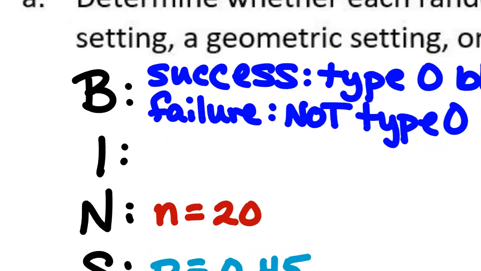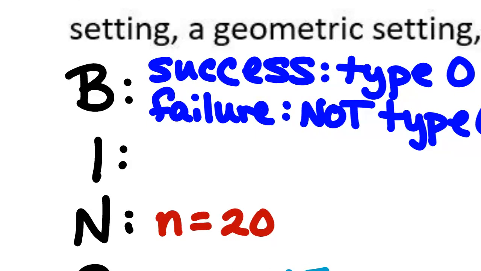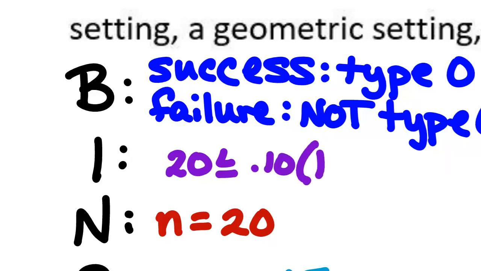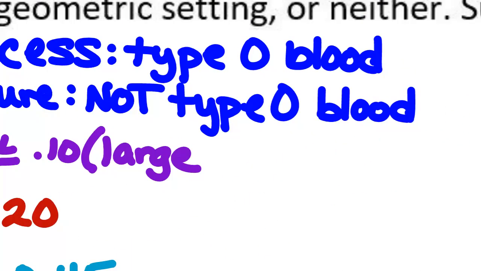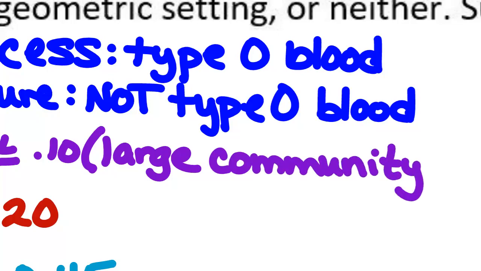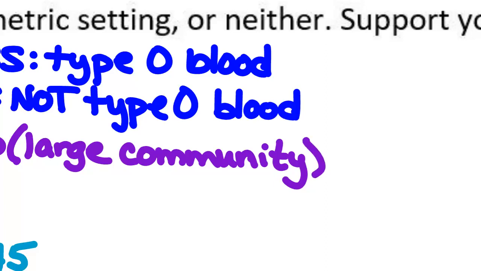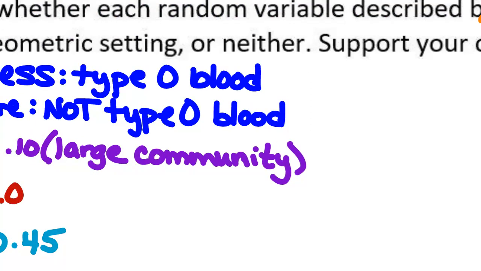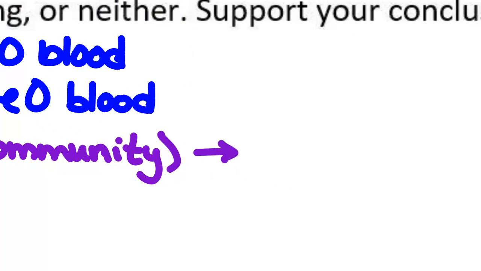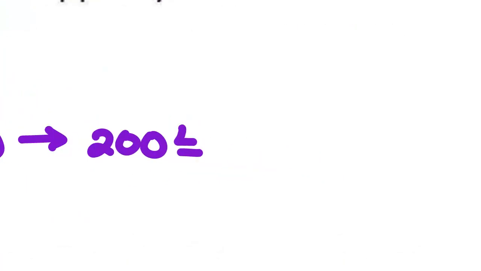So 10% condition, I'd be looking at 20 has to be less than or equal to 0.10 of my large community, because that's my total population. So the community would have to be at least how big to meet this condition? 200. 200 has to be less than or equal to my large community.